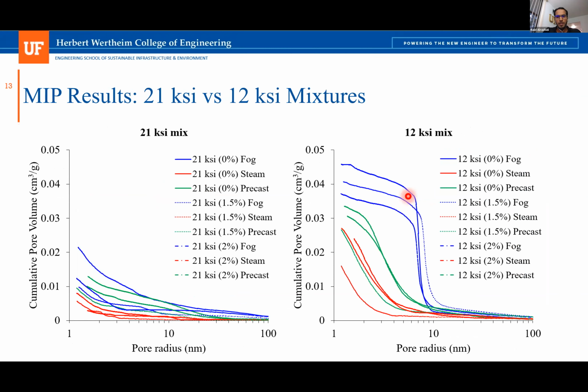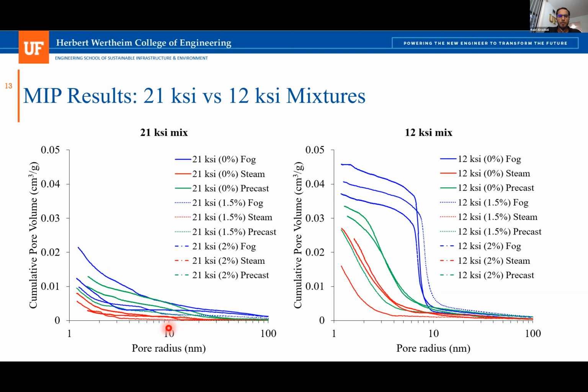And here is the MIP data for the 21 KSI and the 12 KSI samples. The 21 KSI mixture showed almost 2 times less mercury intrusion than the 12 KSI mixture. The 12 KSI showed an S shape with a well-defined curve, but we can see the 21 showed a flat curve, which makes it really difficult to establish the critical pore diameter.